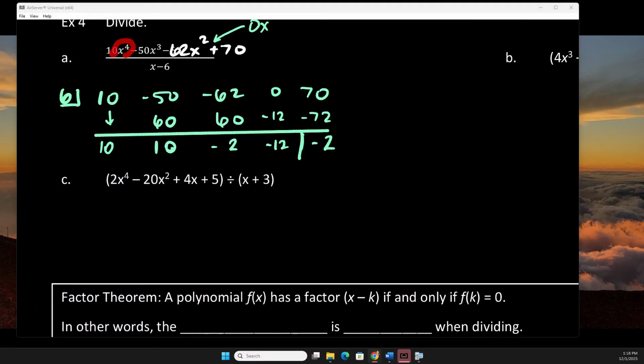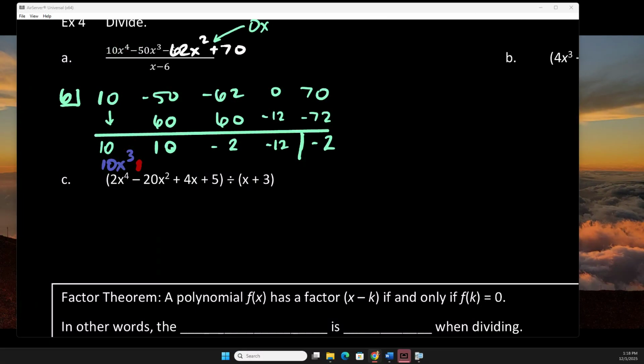And so if I took an x to the fourth and I divided it by an x, it should be x to what power? 3. So this right here, this 10, I'm going to see if I can fit it underneath it. That 10 is going to be 10x cubed. So this power is always 1 less than that power.